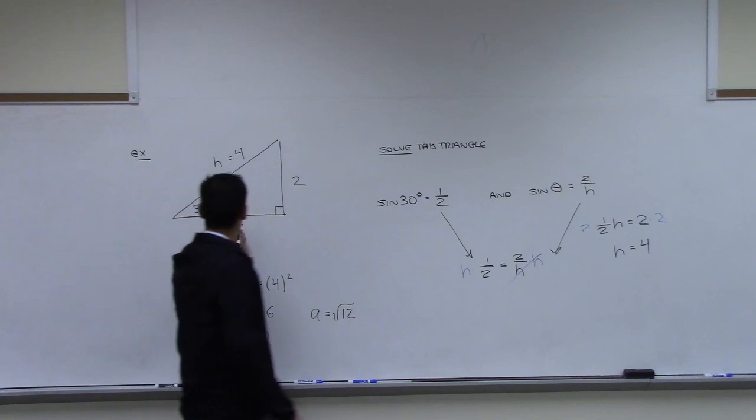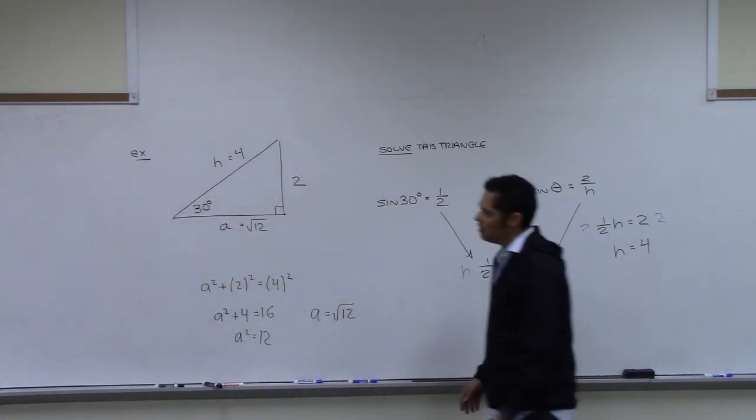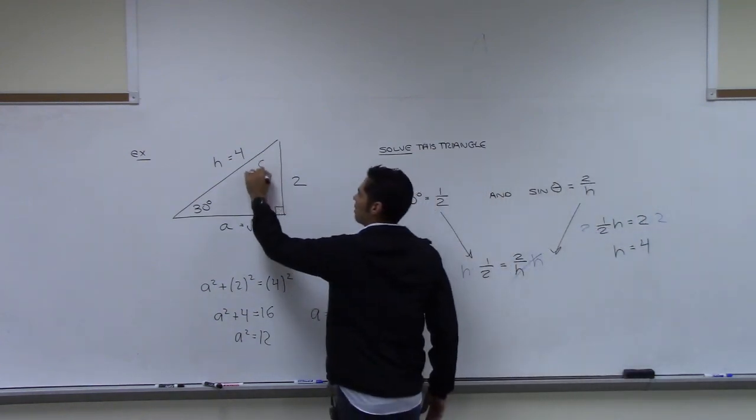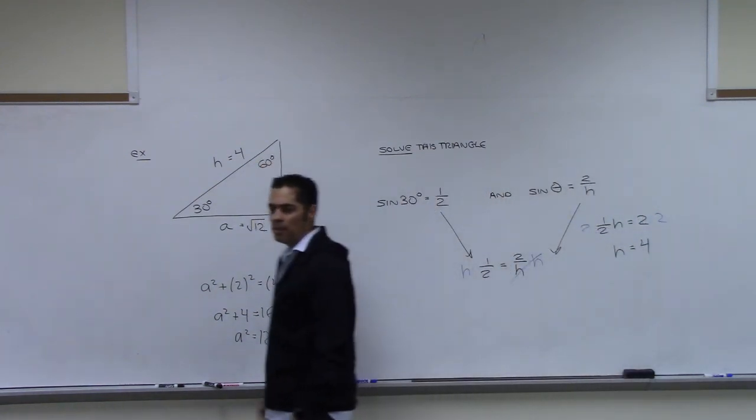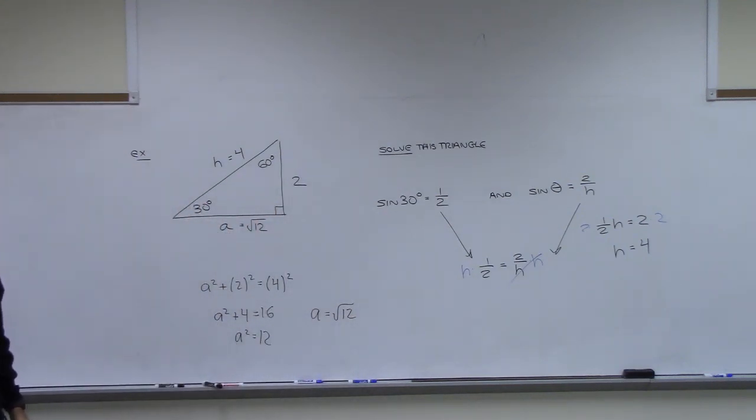So this is root 12. And did we know what the other angle was in that triangle? This one has to be 60. So we've completely solved the triangle. We have all the sides and all the angles. Are there any questions on how I got that?